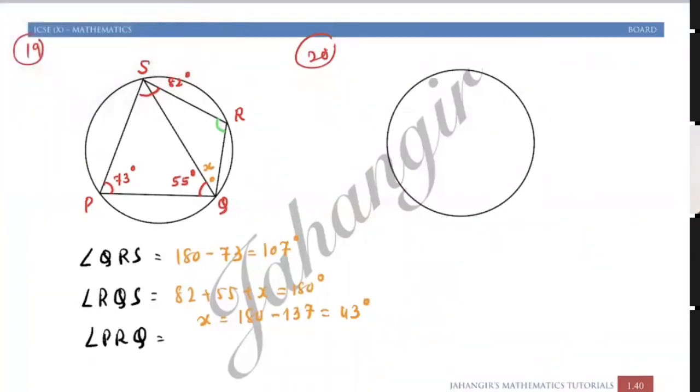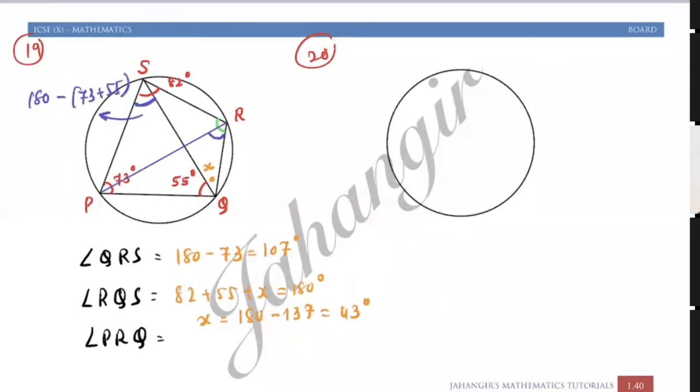Now third is PRQ. PRQ is this angle. What will be this angle? It will be equal to this part. So we can find this by taking 180 minus 73 plus 55.